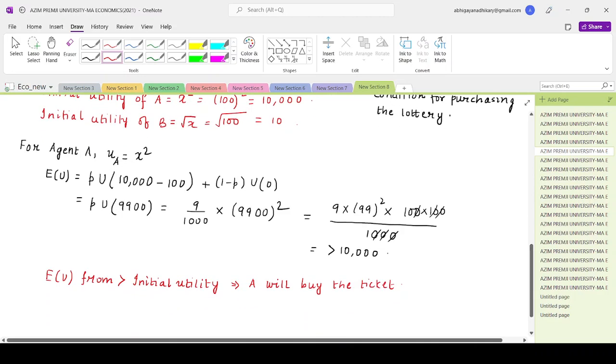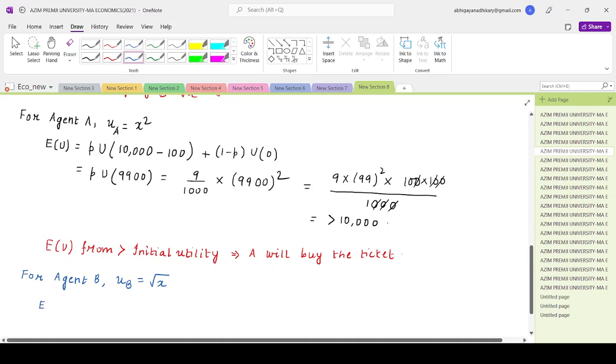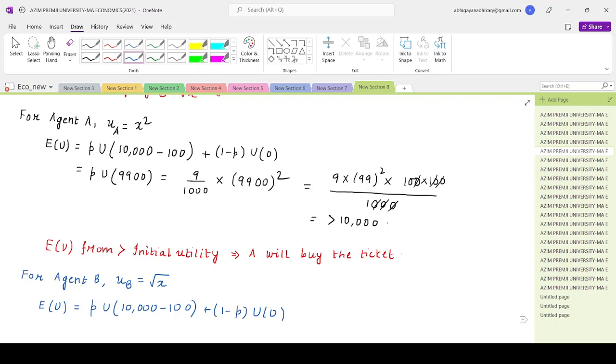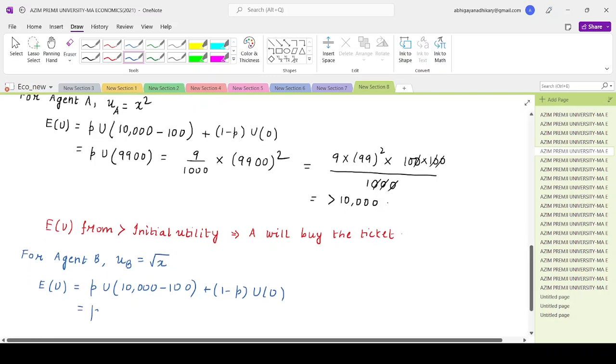Okay. Now a similar calculation will follow for agent B. So for agent B, U of B equals root of x. So what will be the expected utility? The structure will be the same. P times the utility of 10,000 minus the amount that he pays, plus 1 minus P times U of 0. He gets nothing. So that will be P times utility of 9900, which is 9 by 1000 into root over 9900.